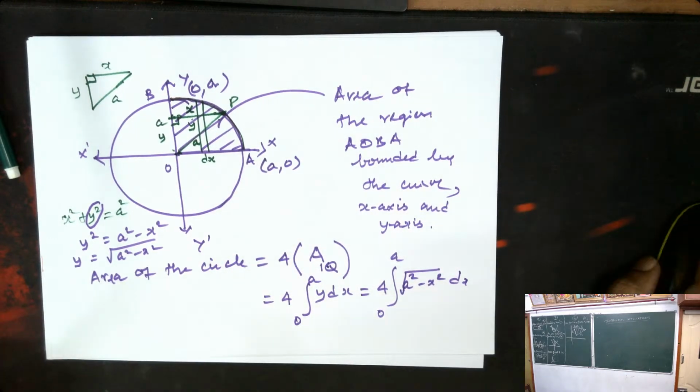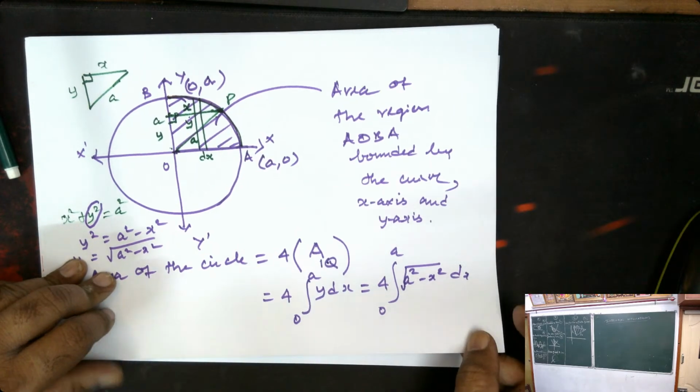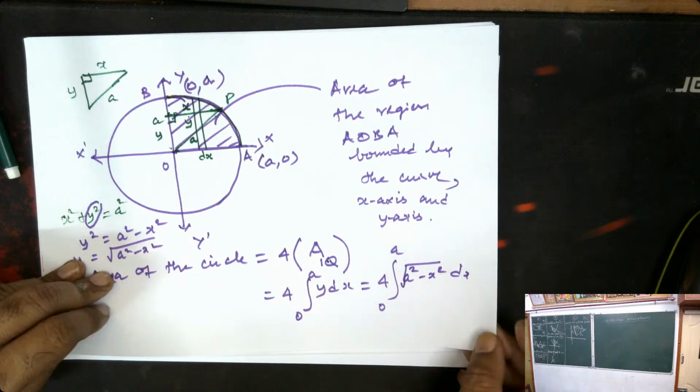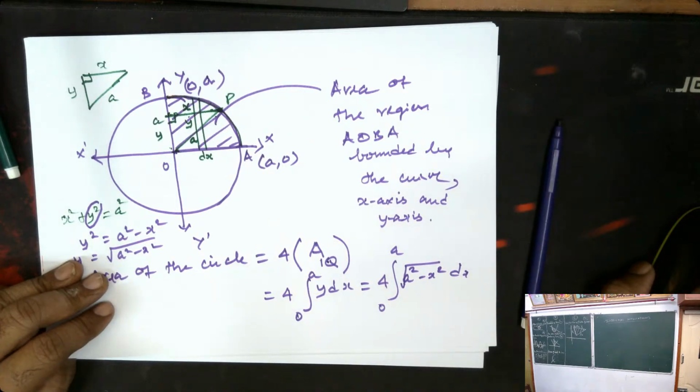Okay. So now we have clearly defined the area enclosed by the circle, right? Now we can solve this.